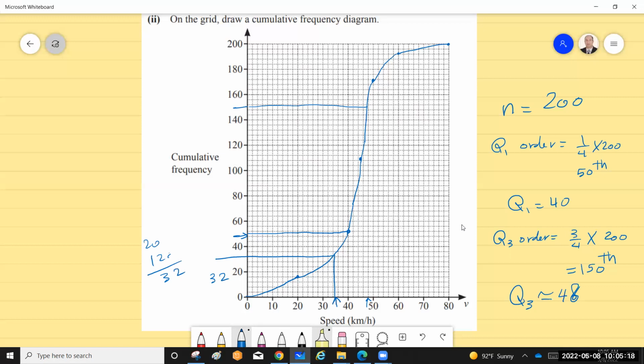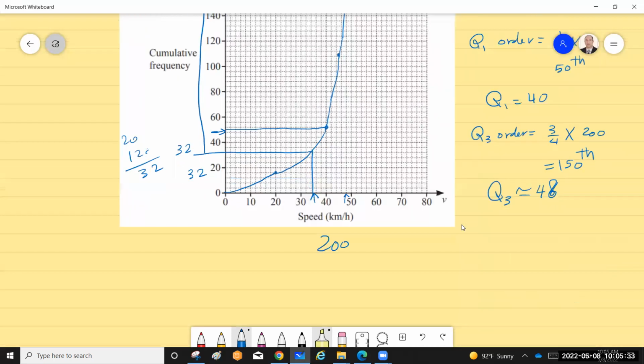I want more than that, the number of cars with a speed greater than this is from 32 to 200. So it's 200 minus 32, which gives you 168, something like that. In the mark scheme, I think it's 160.